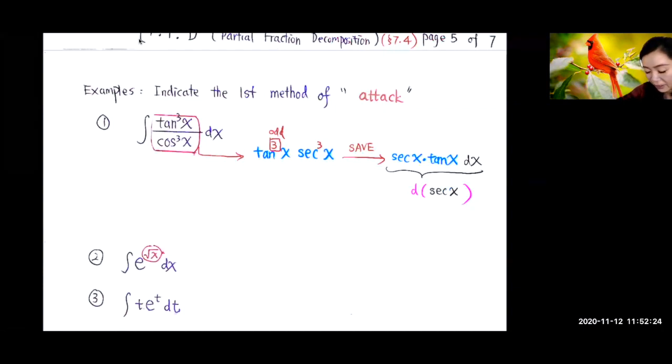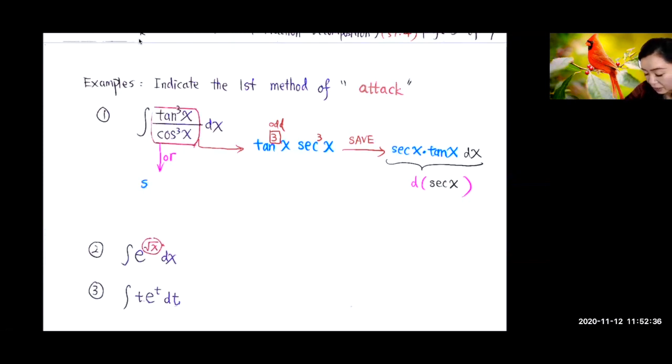Another way to deal with it is, because we know every case for sine times cosine, maybe we can express this in terms of sine times cosine. Change it into that form. Tangent is sine over cosine, to the third power, and then here cosine to the third power.